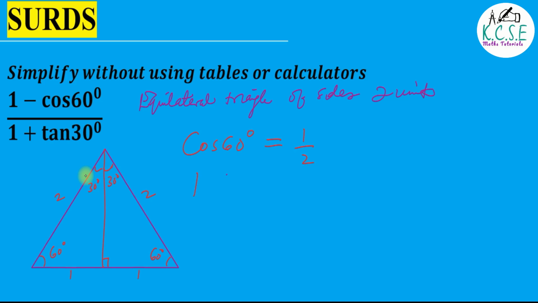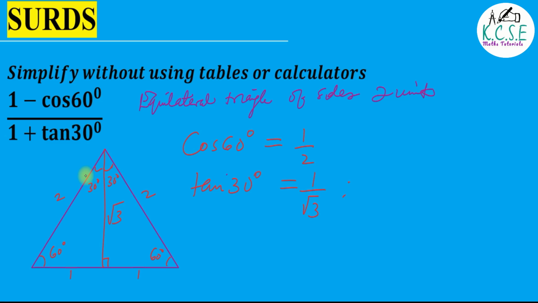We also need tan of 30. For tan of 30 you can use either of these 2 angles. Tangent is given by opposite over adjacent. So the height of that triangle is root 3. So opposite over adjacent will be 1 over root 3.